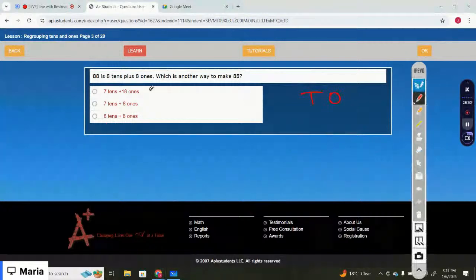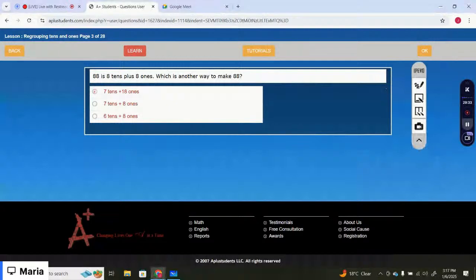Start with option number 1: 7 tens and 18 ones. 7 tens means 70, and 18 ones you have. So when you add, they make 88. Any question you can ask. The correct option is option number 1, that is 7 tens and 18.